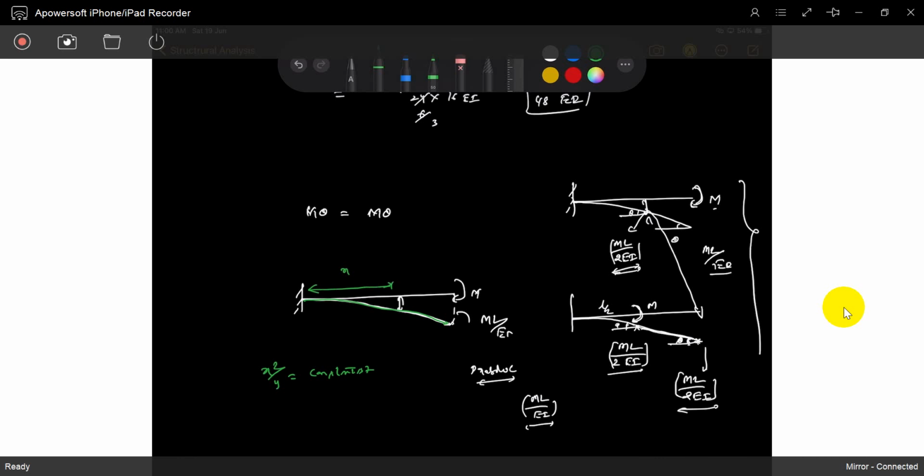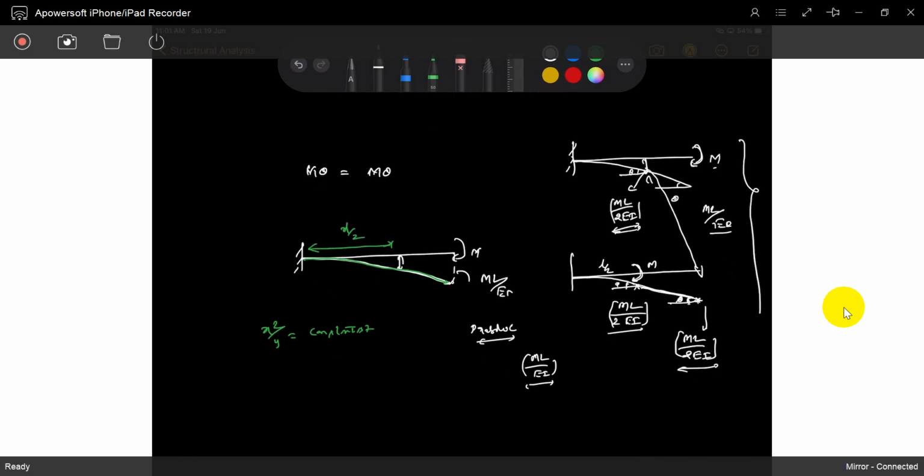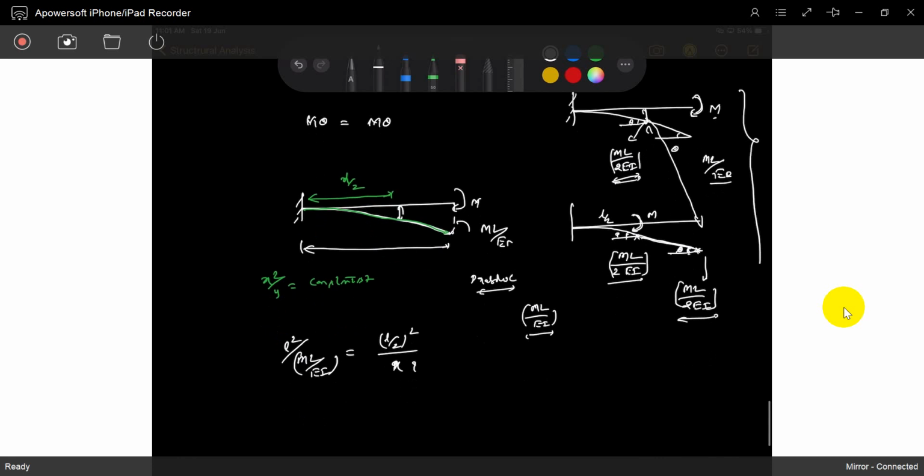See, this is L by 2. Okay, if the first equation taken is this is L, L square by y is what? ML by EI. For the second it is L by 2, L square by 2 whole square divided by x. We don't know what x is.